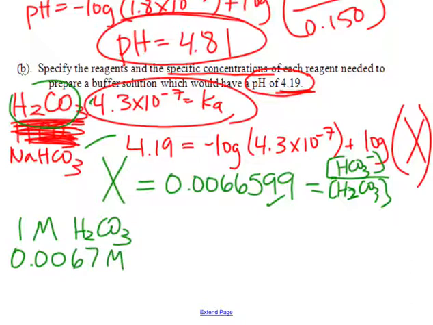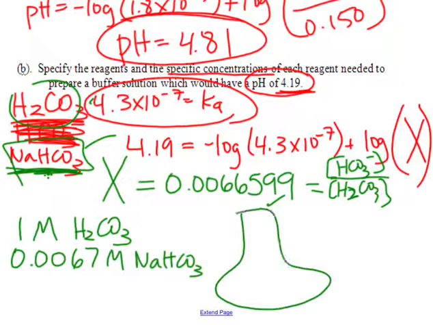Now this is where you have to include, when we're talking about it, we're making it with this, because that's what the bottle's going to have on it that you're going to get from the stockroom. Molar sodium HCO3. Remember that sodium's a spectator. So if we have a flask, say we have a liter flask, it's an awesome flask, and we put 1 mole of that in and 0.0067 moles of that in, bam, we're going to have something that ends up with a pH of 4.19.